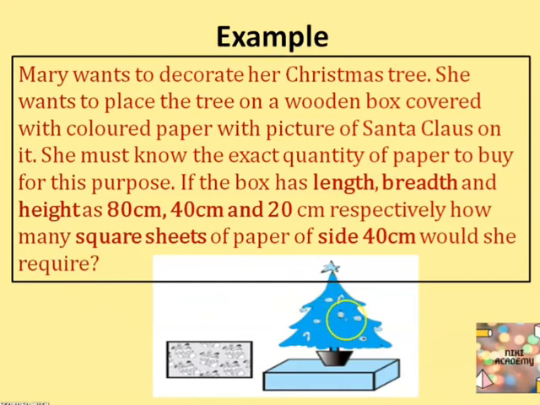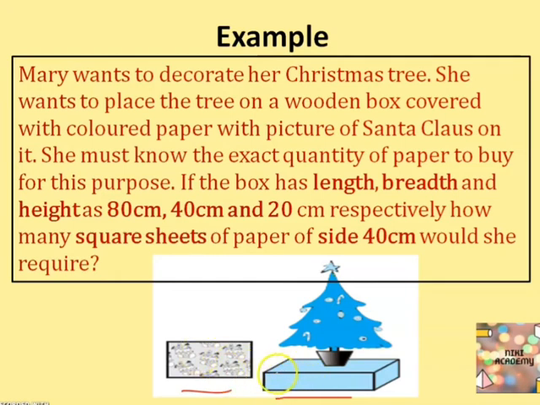Now let's understand the question. Mary wants to decorate this Christmas tree. She wants to place the Christmas tree on a cuboid. The wooden box is in the shape of a cuboid. Now she has square sheets of colored paper with the Santa Claus picture. She wants to cover the cuboid with these square sheets.